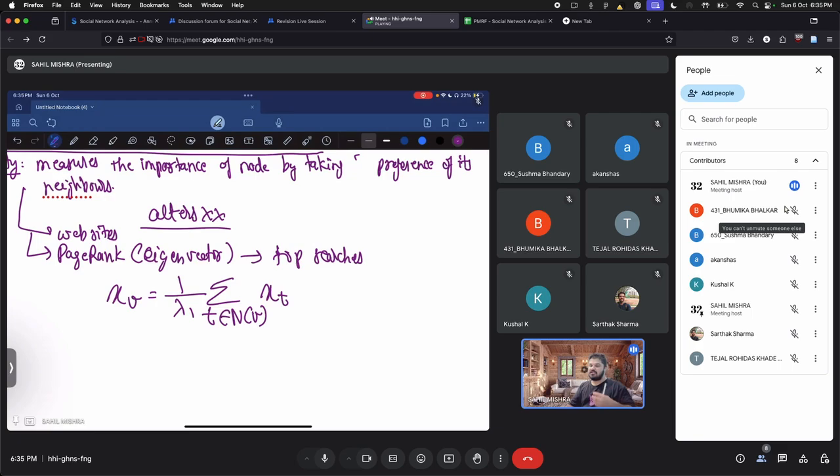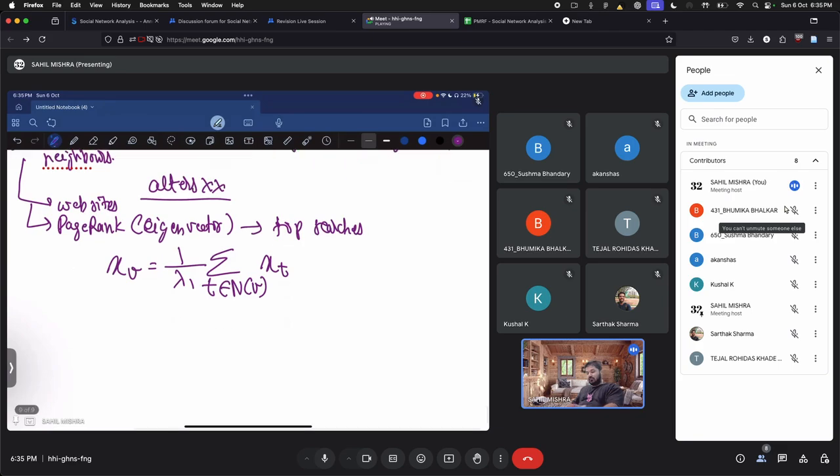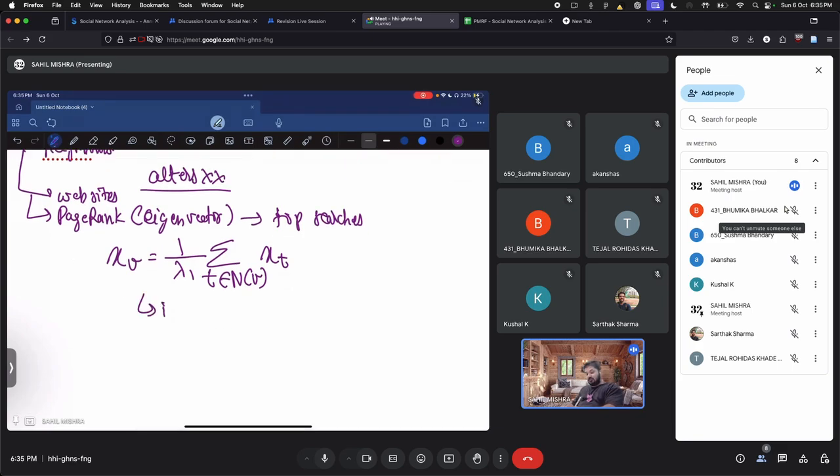So you give some initial weight to some nodes, and then you compute it for all the neighbors. So this works iteratively for all the nodes, 1 hop, 2 hop, 3 hop, like that.